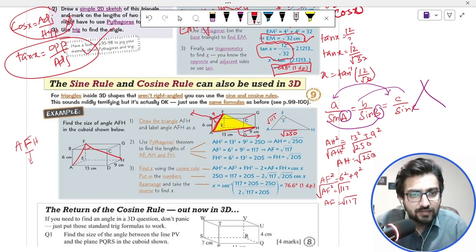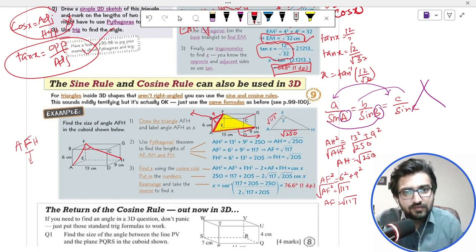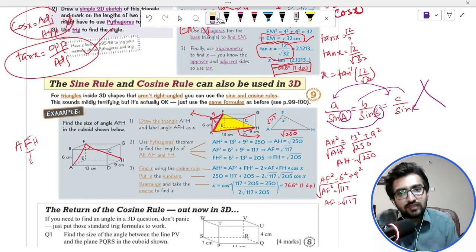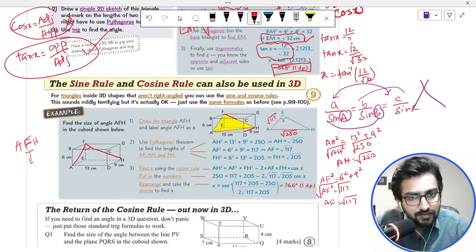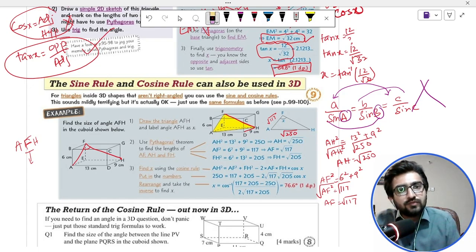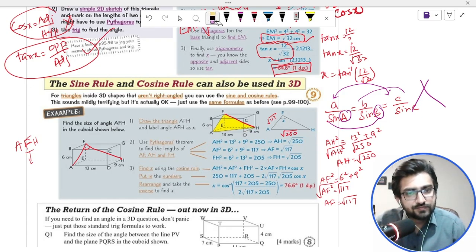Now let's find the last side, which is FH. Let me now remove again the extra lines. Now let's find this FH. Let me remove that one line as well here.